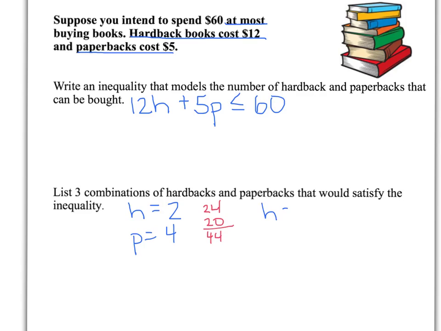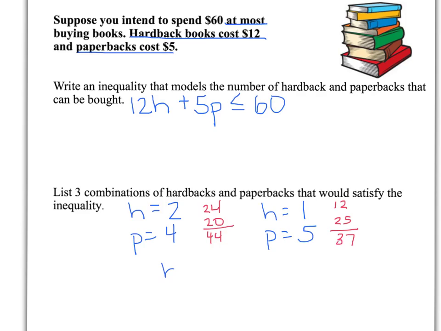I could also buy 1 hardback and, let's say, 5 paperbacks. That means I'd spend $12 on the hardbacks, and 5 times the $5 would be $25. So that would give me a total of $37. $37 is less than $60. And one more combination.